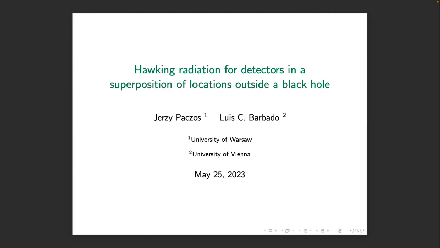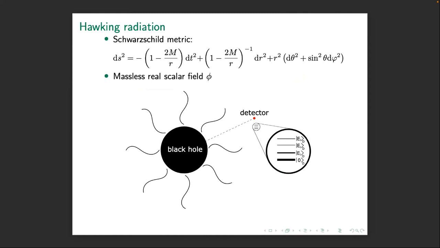Let me begin by bringing up probably the simplest setting that we consider when we investigate Hawking radiation. In this setup, we have a Schwarzschild black hole, which fixes the background, a real massless scalar field, which lives on this background, and a detector, which we put on a static trajectory in the vicinity of the black hole, and we let it interact with the field.